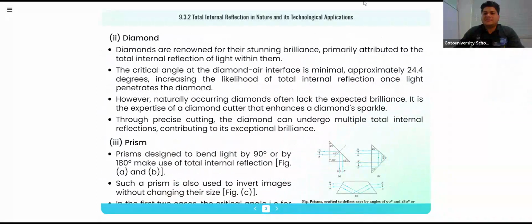Okay, then the second application of total internal reflection. See, in the case of diamond, it is renowned for its stunning brilliance, primarily attributed to the total internal reflection of light within it. The critical angle at the diamond-air interface is minimal, approximately 24.4 degrees, increasing the likelihood of total internal reflection once light penetrates the diamond.